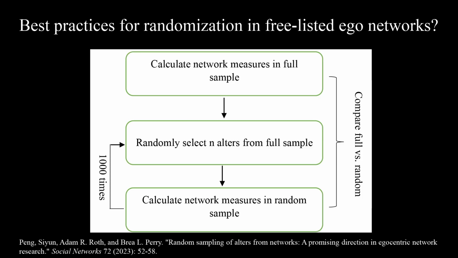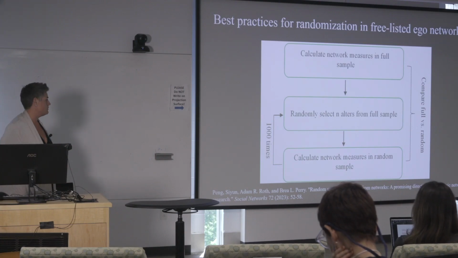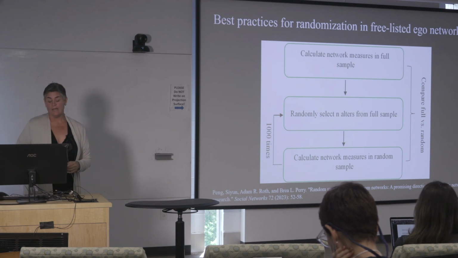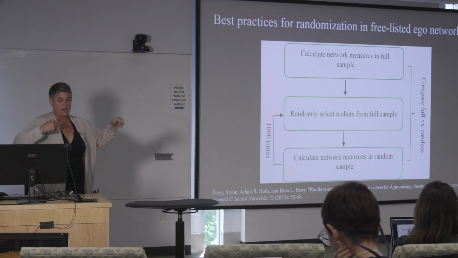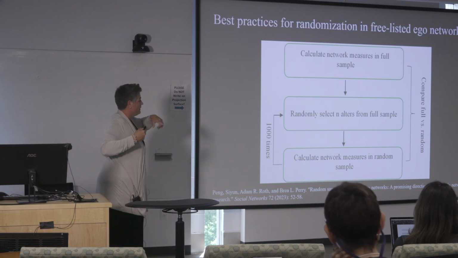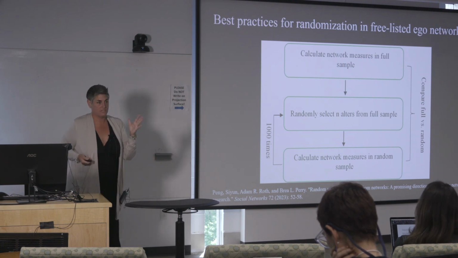So that's what we did. This is work that was really spearheaded by my postdoc, now research scientist, Sayun Pang, who's brilliant. What he did is we calculated the network measures in the full sample, and then we randomly selected n alters from the full sample, and you'll see what this looks like.